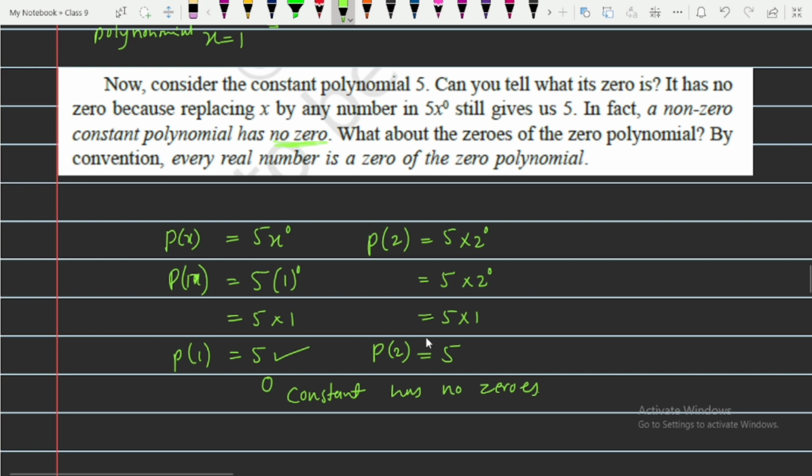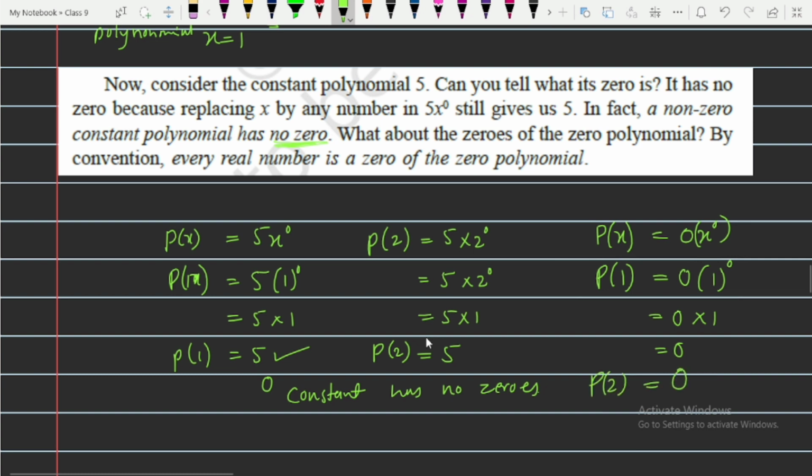Similarly, one more we have seen is the zero polynomial. For example, p of x equal to 0 is a zero polynomial. For which value is it 0? If you put p of 1, the answer is again 0. We can write x to the power 0 also, so 0 into 1 raised to 0 is 0 into 1, which is 0 only. Any value you put, p of 2 also, the answer is 0 only.